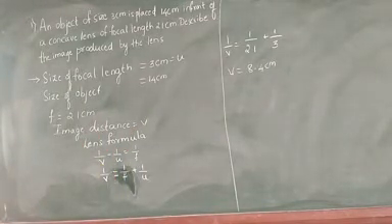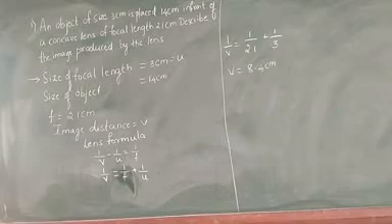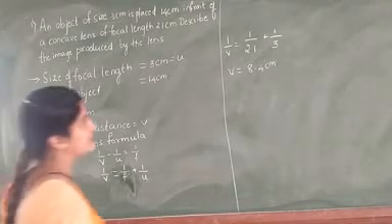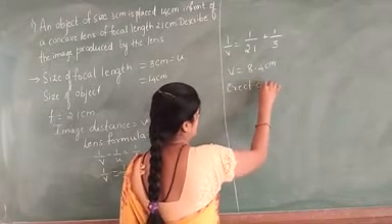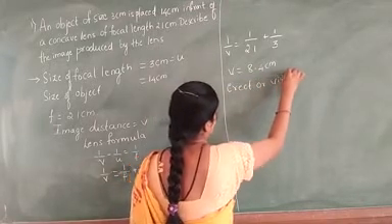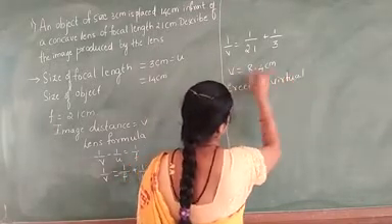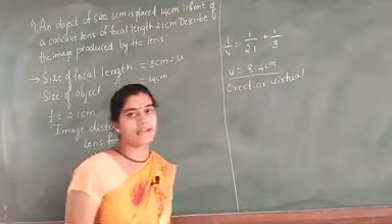Here we can also tell that the image is formed on the other side of the lens, 8.4 centimeter away from it. Therefore, it is erect and virtual.